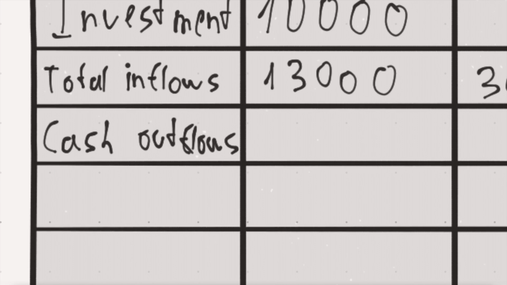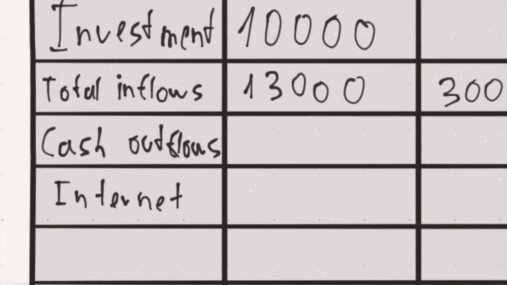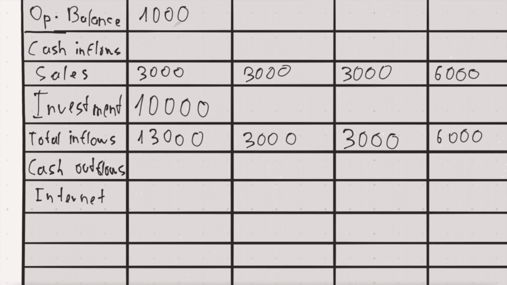In this particular example, we have fixed costs, internet. And the company is paying $100 of internet each month.